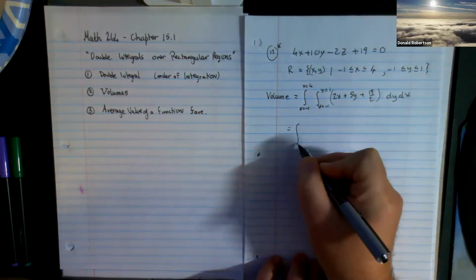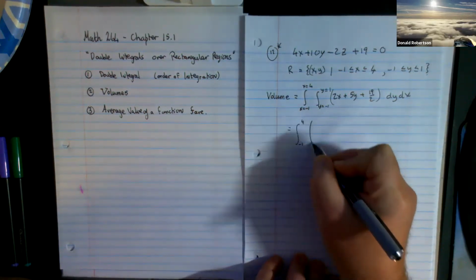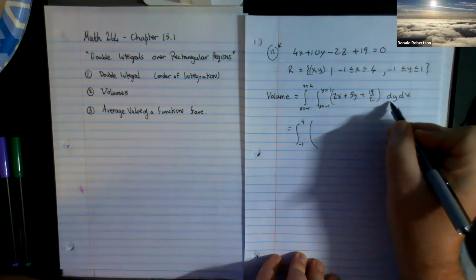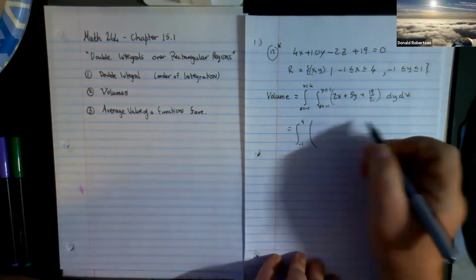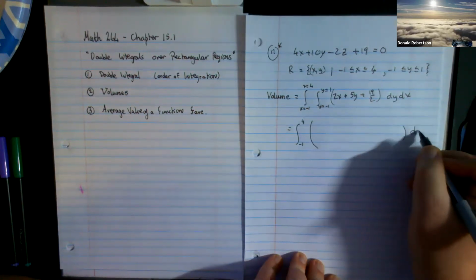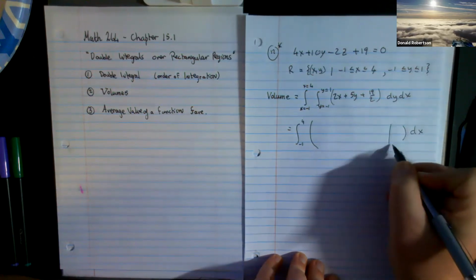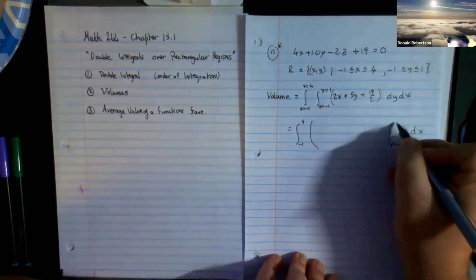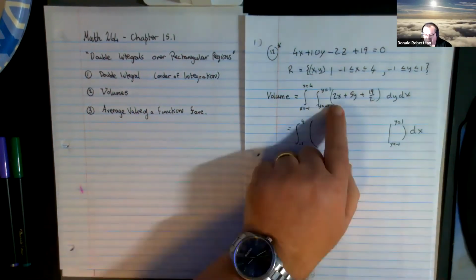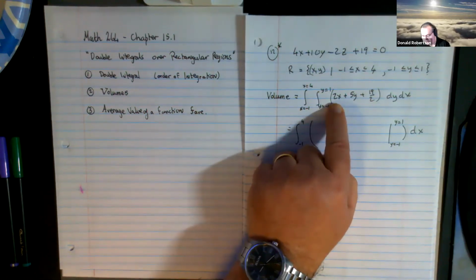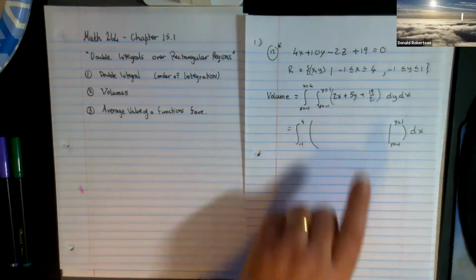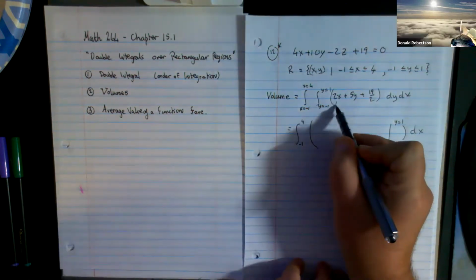So it's going to be the integral from -1 to 4 of, with respect to Y. So I almost made a mistake there. What is the antiderivative of 2x, or the integral if you want to use that word, with respect to Y? 2xy.